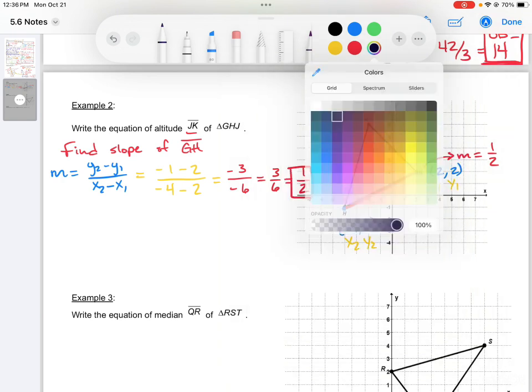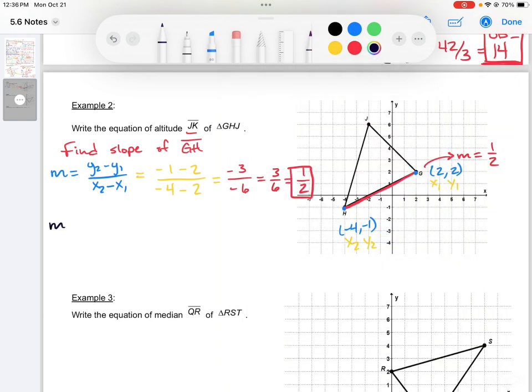Second step is to find the perpendicular slope. So to find that, I have to find the negative reciprocal. Perpendicular slope equals negative reciprocal, which means I'm going to take that original fraction, positive 1/2, flip the fraction to 2/1, and change the sign, -2/1.